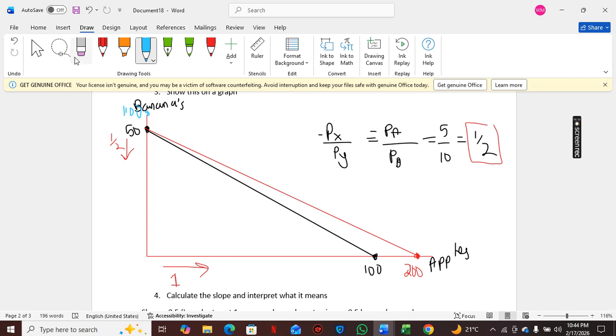Let me erase this one first so that we see what happens to our budget constraint line. When the income increases, we get a shift in the budget constraint line.